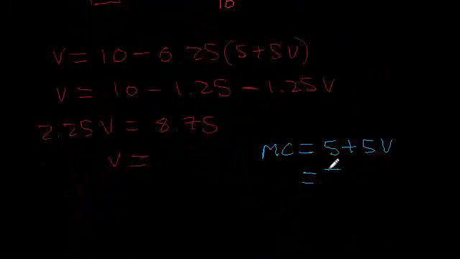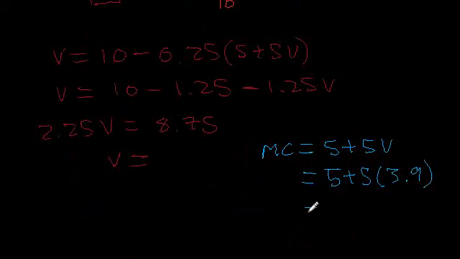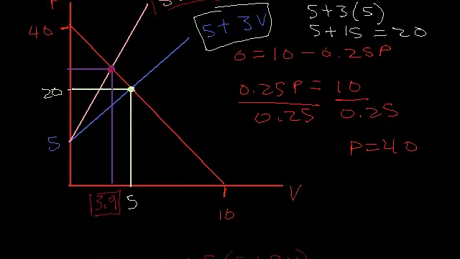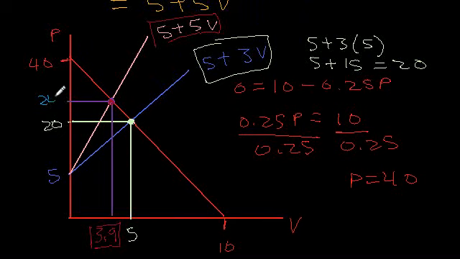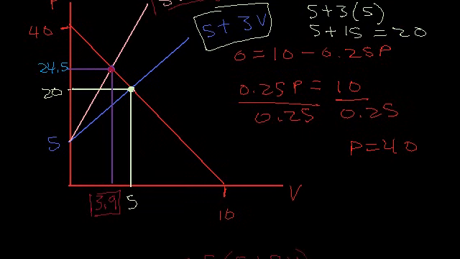So equals 5 plus 5 times 3.9, and that is equal to, getting out my calculator once again, 3.9 times 5 plus 5 is equal to 24.5. Hopefully that's the right number. I haven't done this question beforehand. I'm doing it for the first time for this video, so hopefully the numbers work out for us.